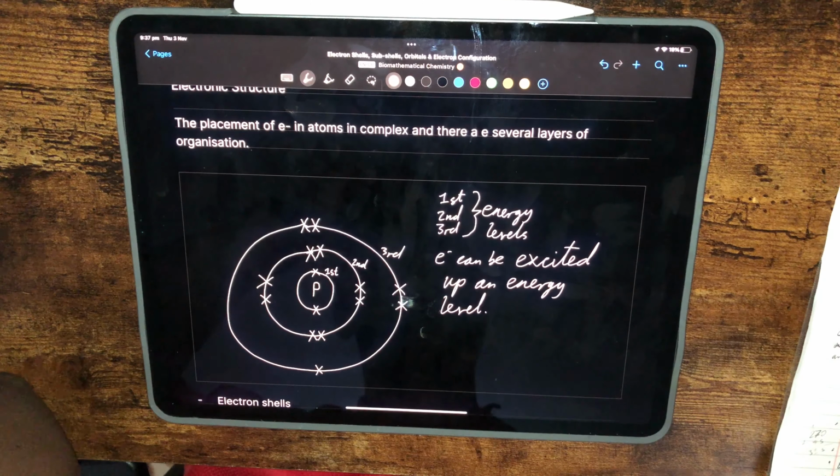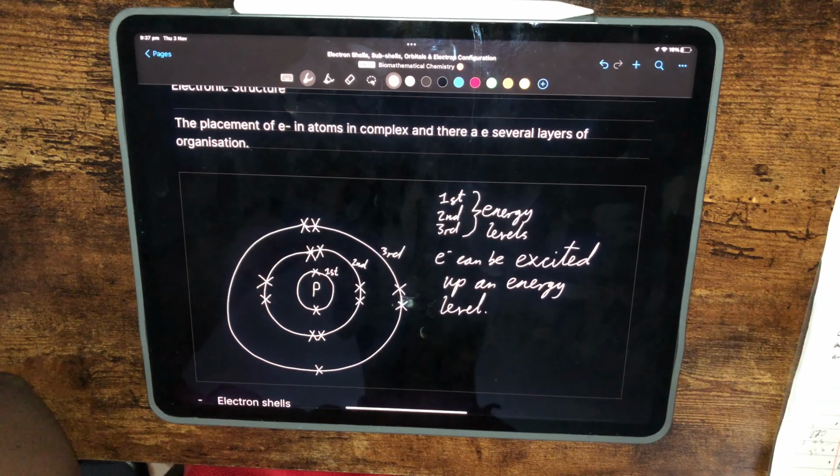So the first energy level, or quantum number 1, has the lowest energy, because the electrons are closest to the nucleus, so they're very strongly attracted to that nucleus, and they wouldn't move as much. Whereas electrons on a higher energy level, so n equals 3 for example, are further away from the nucleus, so they feel that positive attraction less, and therefore they're more free to move.